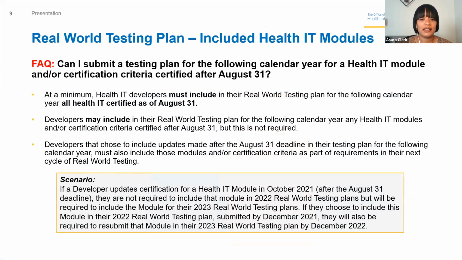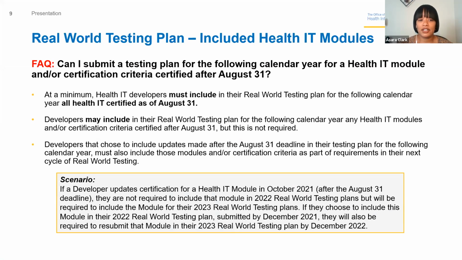All right. Now, we get this FAQ quite often, where we get a question of whether health IT can submit a testing plan for the following calendar year if a health IT module or certification criteria was updated after the August 31st deadline. So just to reiterate, at a minimum, all certified health IT, all certifications that have been completed as of August 31st must be included.